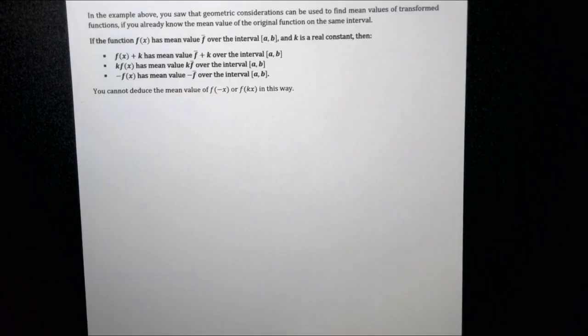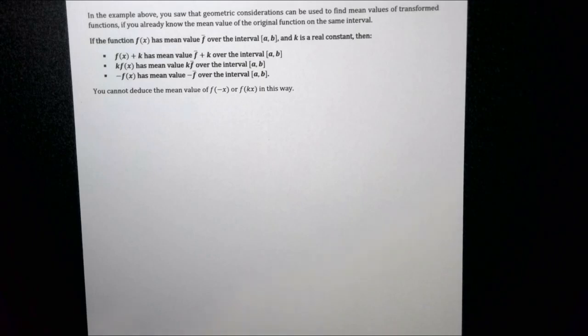Now, in this example which we've just seen, you saw that geometric considerations can be used to find mean values of transformed functions if you already know the mean value of the original function on the same interval.